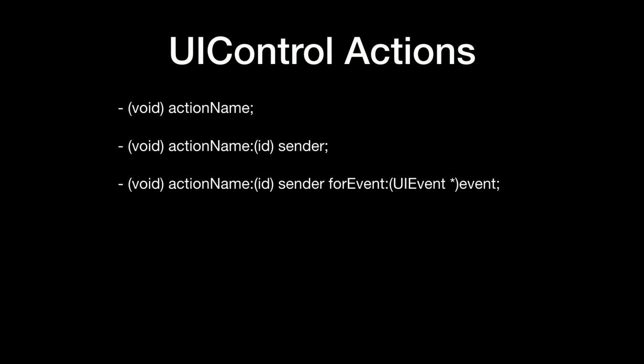And then the one that I use more often than I used to is the action name for event. So you get the sender and a UIEvent with all the information about it. So with that event, if you want to do something custom, you can put information into a subclass of the event, piggyback some data on it, and send it up to your target.